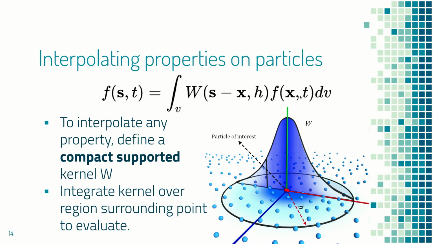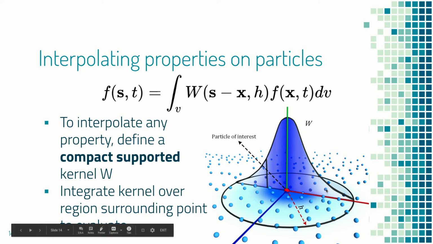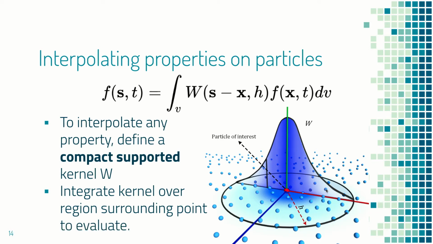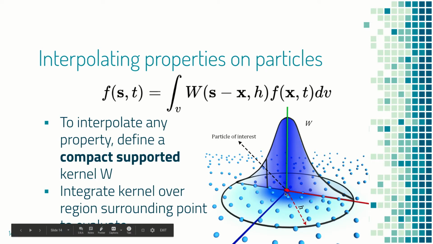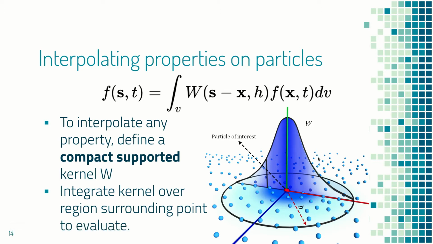And f of x at a particular time t is the value of some function defined on those points. So let's say one of those values is density, and every one of these little particles has some density. Therefore f of x, t, if this was my point x, would be the density of that point. Okay, W of s minus x, where x is the center of my kernel function, and W is my kernel function.